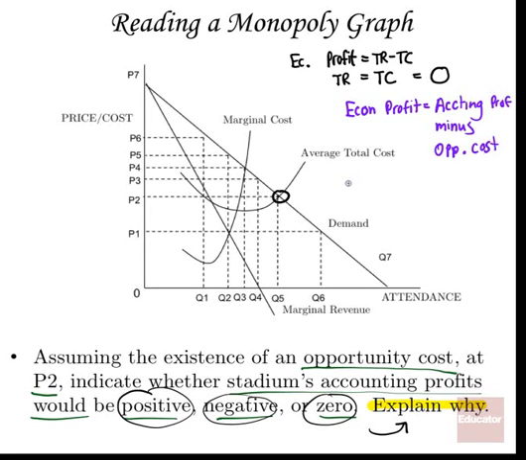So we know that 0 equals accounting profit minus opportunity cost. We don't know the accounting profit, but we want to know if it's positive, negative, or 0. Now, one thing we do know here is that the accounting profit is positive.